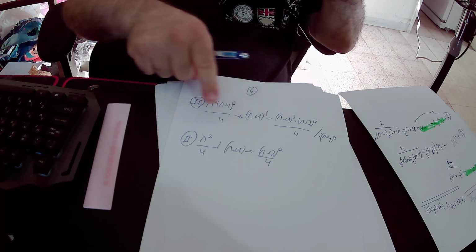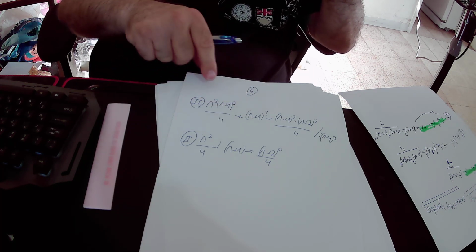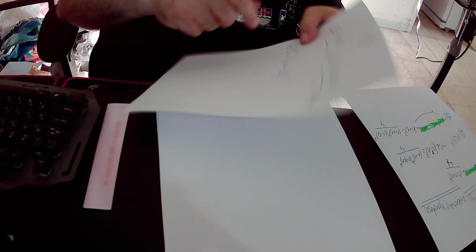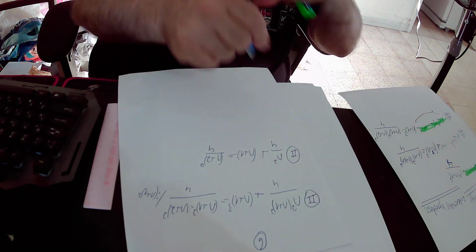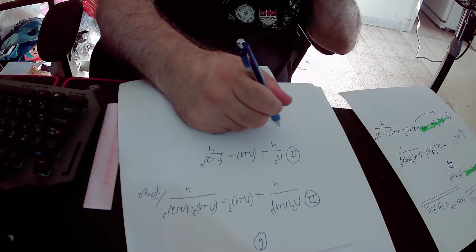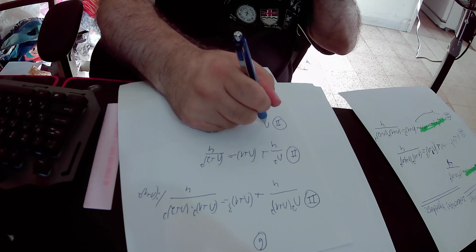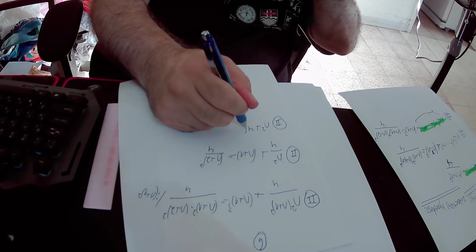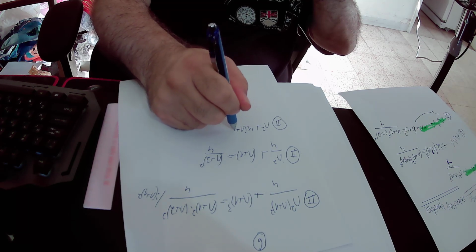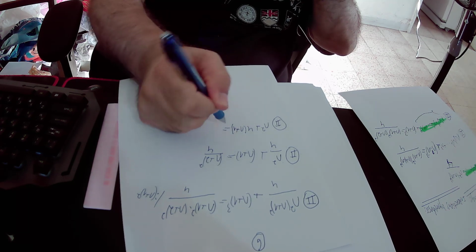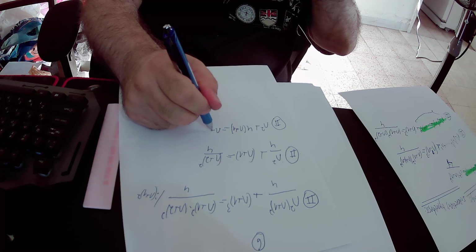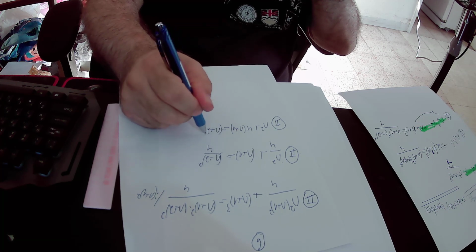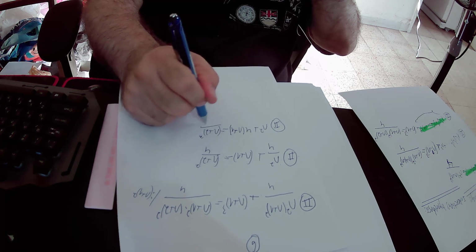Here we can multiply both sides of the equation by 4, so we do it now, and we will get that n squared plus 4(n plus 1) equals (n plus 2) squared.